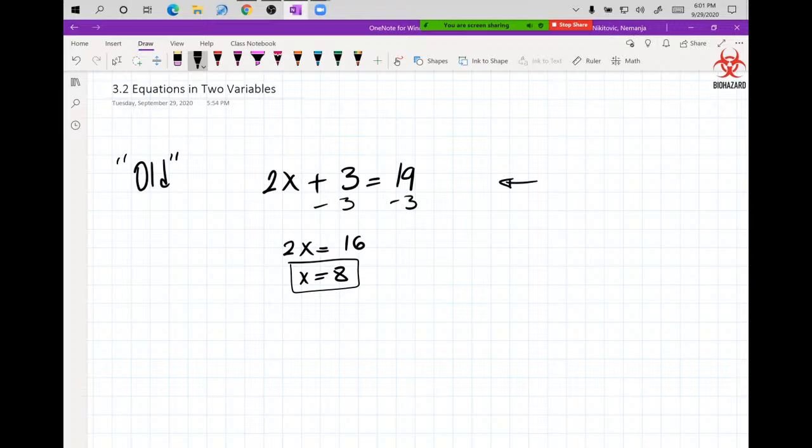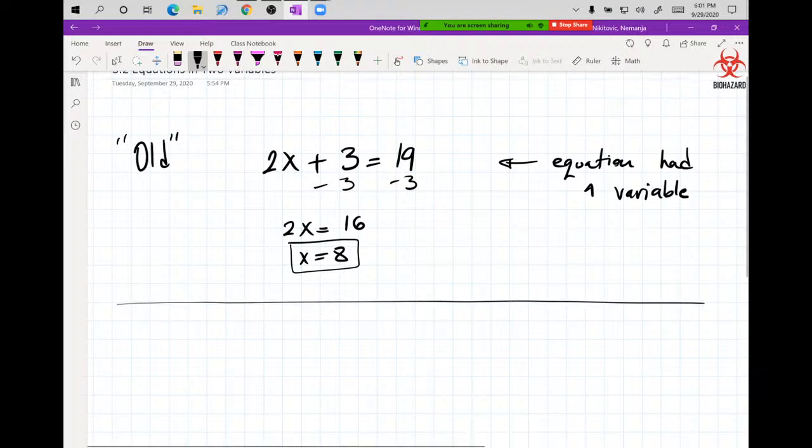So this particular equation had one variable.